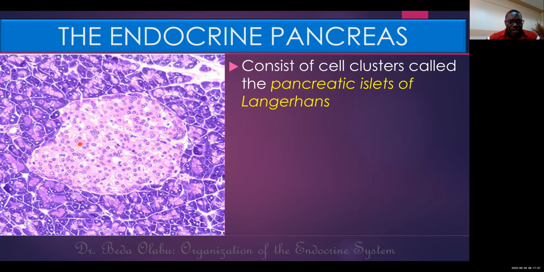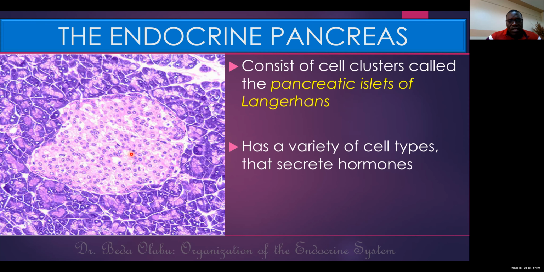Most of the islets, these are islets, basically, surrounded by the pancreatic acini. Most of the islets of Langerhans are located in the tail of the pancreas. That does not mean that they're not found in the head. They're actually all over, except the majority are concentrated on the pancreatic tail.